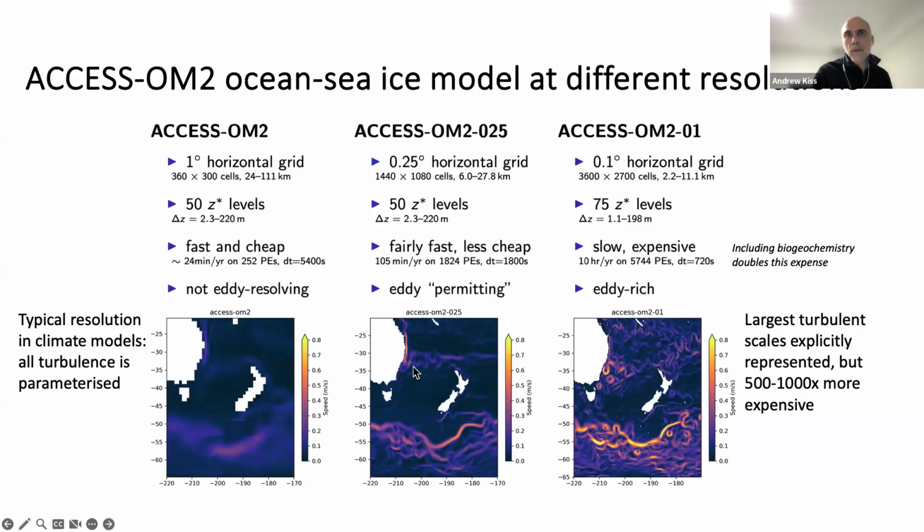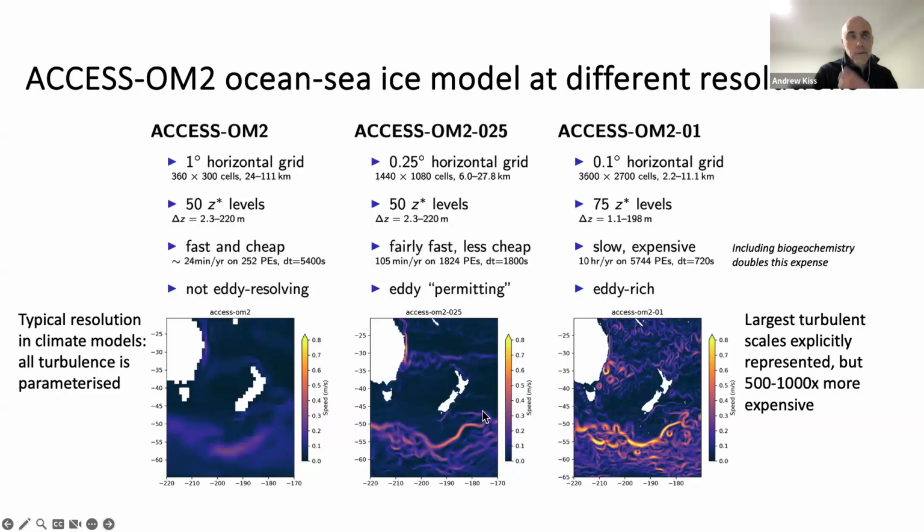It can just begin to resolve those eddies we saw in the ocean. And then you can get an eddy-rich simulation when you get down to around 10 kilometers. The trouble is, it costs hundreds of times to 1,000 times more to do this than that. So climate models tend to be at this extreme or maybe in the middle.